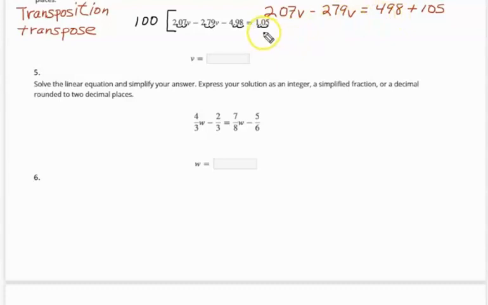I've done some inspection. I use knowledge of things that I can do. And now I end up with, on this side, negative 72V equals, when I added these together, 603.